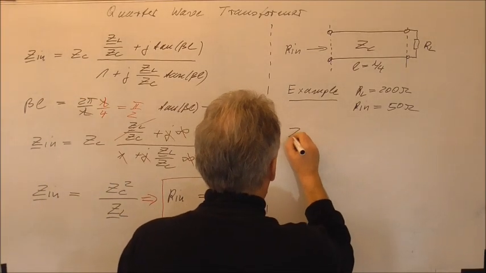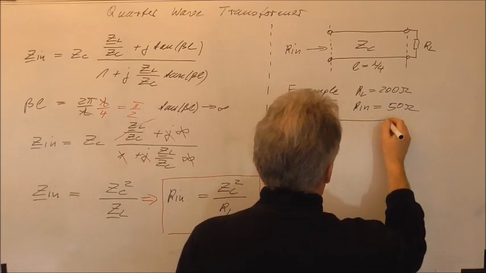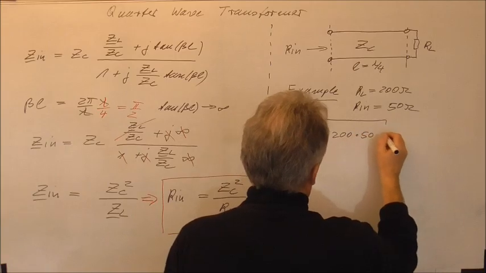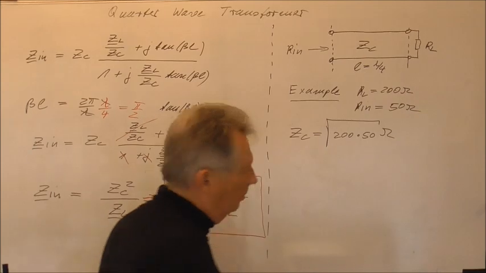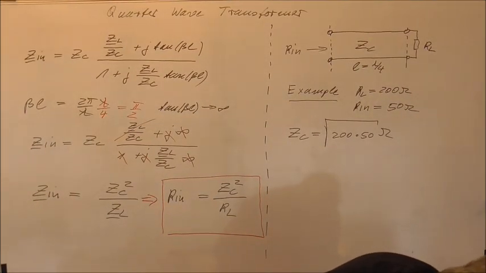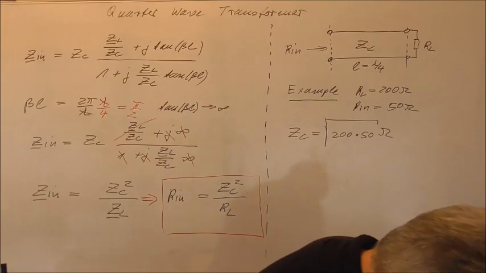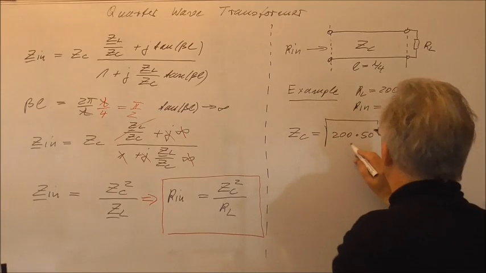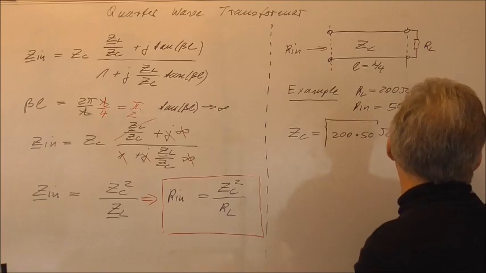So Zc will be the square root of 200 times 50 ohm squared, and if you calculate the value, this is 10 to the power of 4, and it will be equal to 100 ohm.